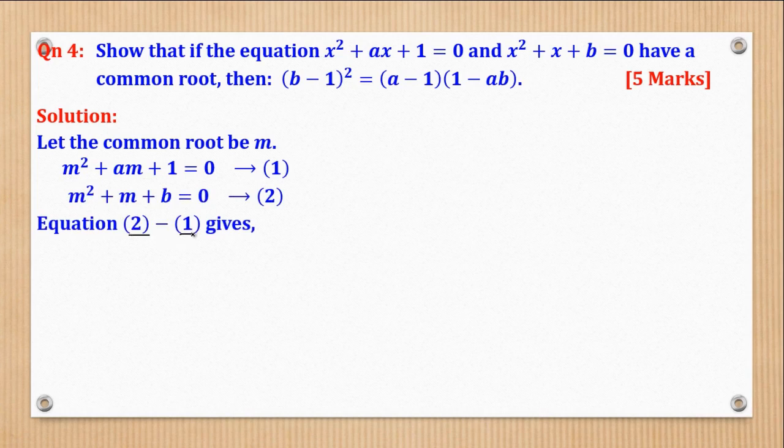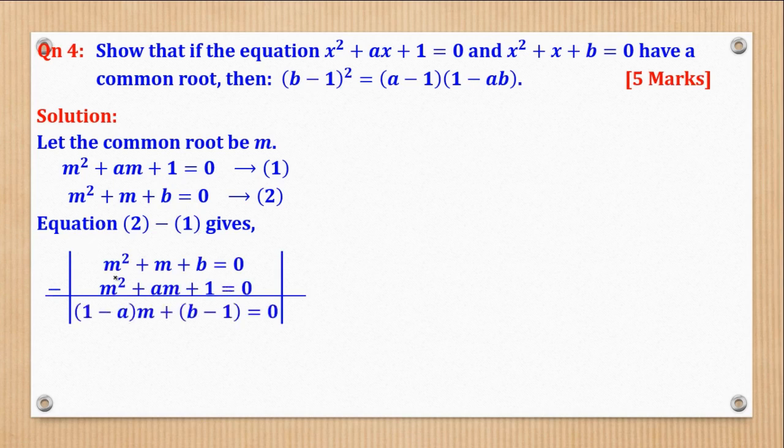Now, why are we saying equation 2 minus equation 1 instead of equation 1 minus equation 2? Equation 1 minus equation 2 would also be okay, but if you look at this expression, we have b minus 1. Now, b is in equation 2 and 1 is in equation 1. So for you to get b minus 1, it has to be equation 2 minus equation 1. So that is why we chose that order.